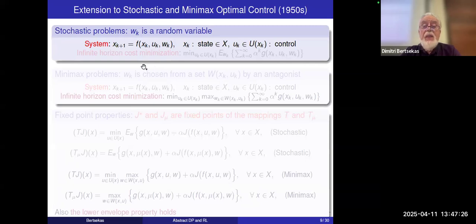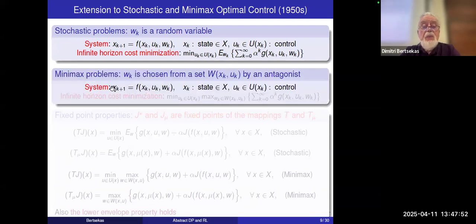And the cost per stage also depends on wk. Now this is not a number anymore, but a random variable because of the presence of w. So to obtain the number to minimize over, you take the expected value of that, okay? So that's the formulation of the problem.